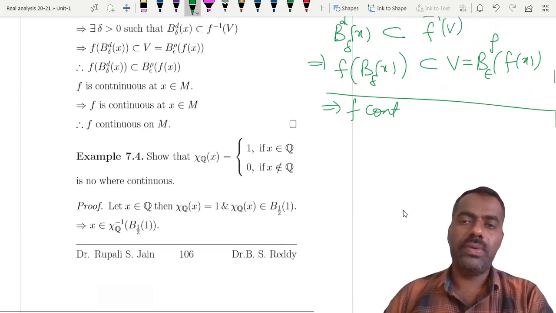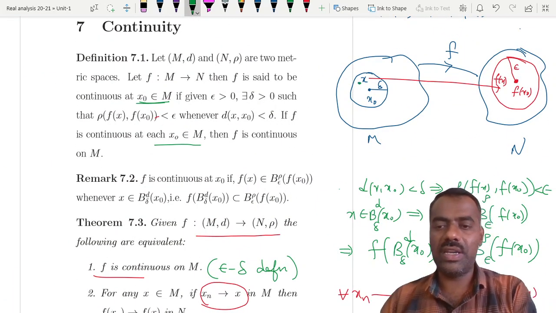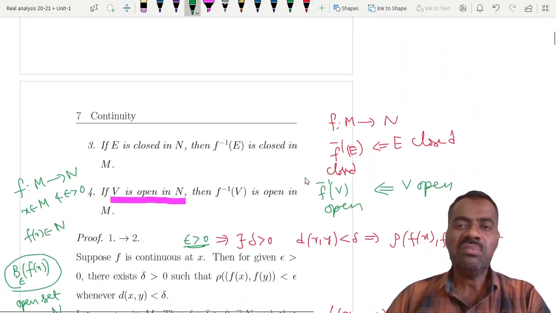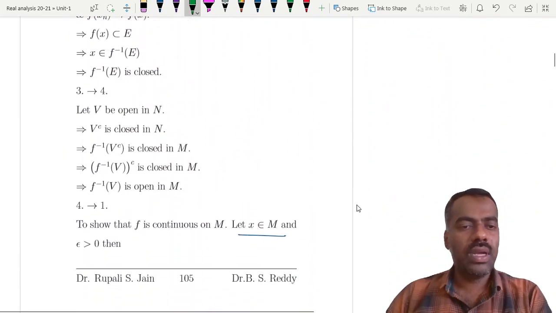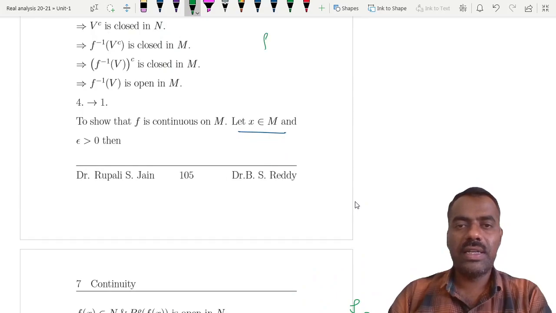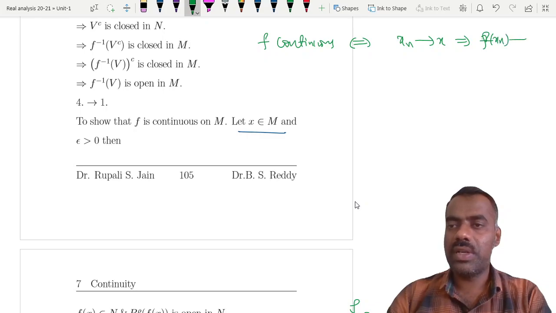If you recall, we have written 3 equivalent statements for this continuity, and from this one it follows. So what we have just now proved is that f is continuous if and only if whenever xn converges to x, then f of xn converges to f of x.